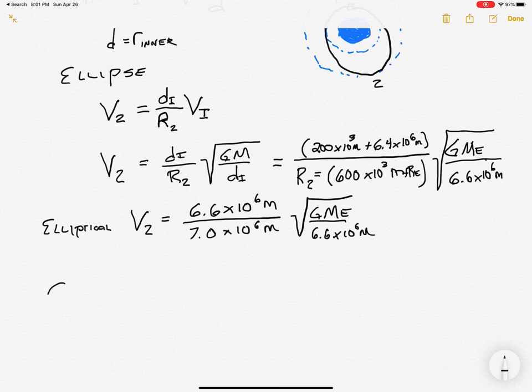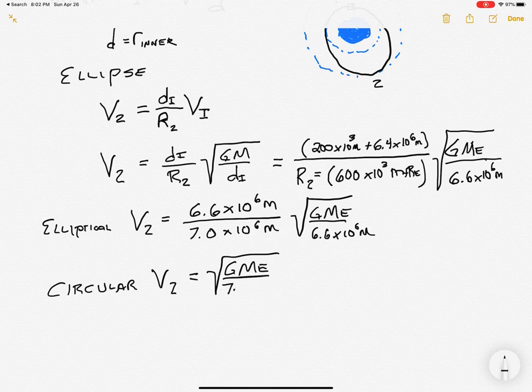And for it to go back into a circular orbit, velocity 2 has to equal square root of gravity mass of the Earth, now divided by 7.0 times 10 to the 6th.